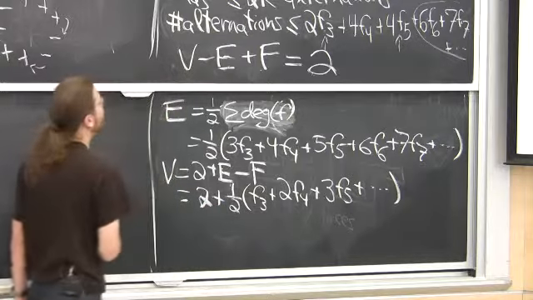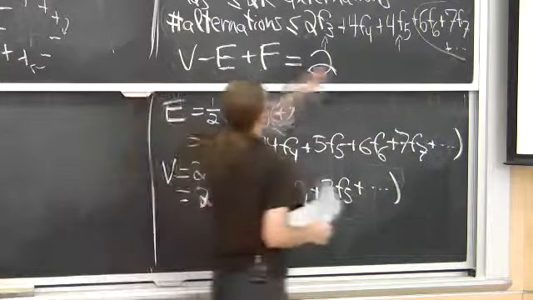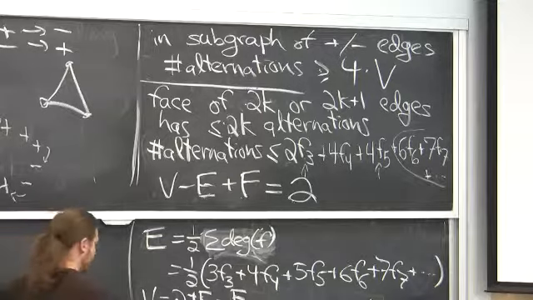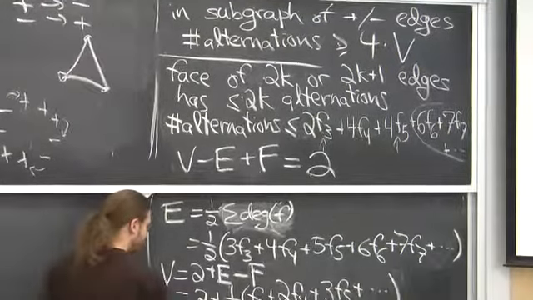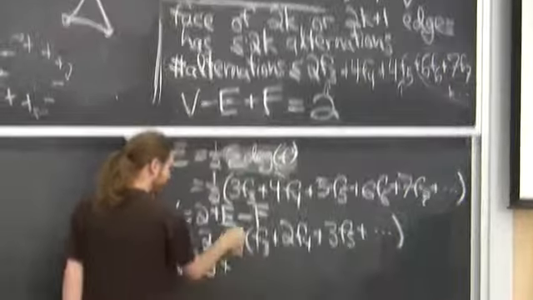That's V. Now, I also know that 4V is at most the number of alternations. So I could get a formula for 4V here, right? 4V is going to be 8 plus, this is going to be like 2.